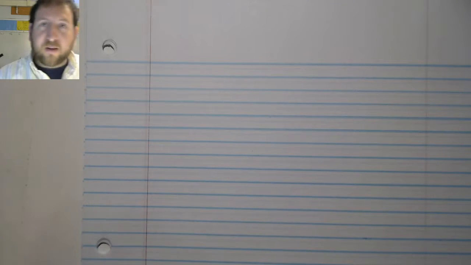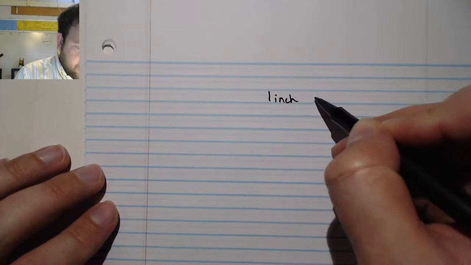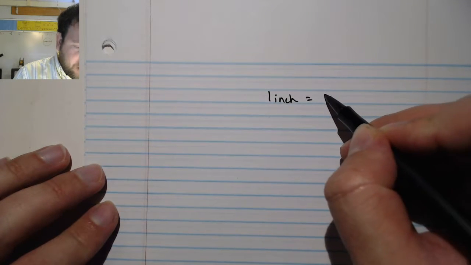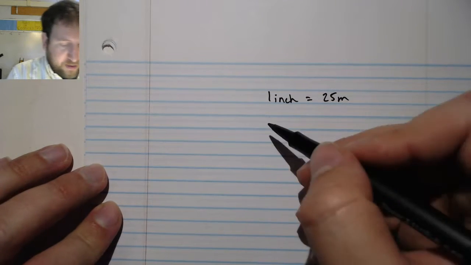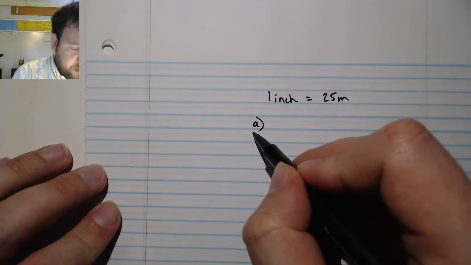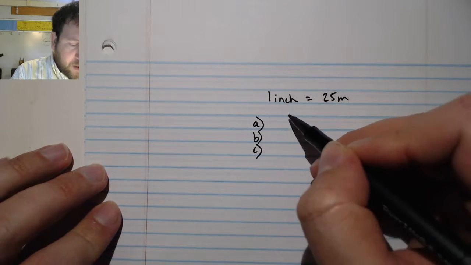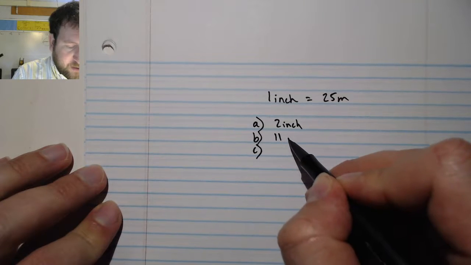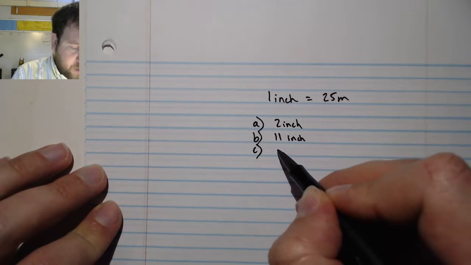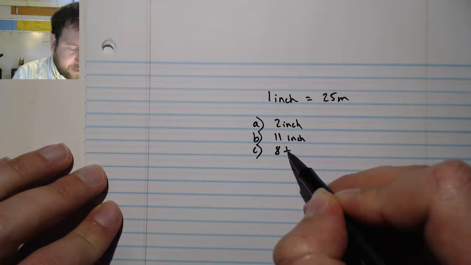All right, if you're sticking around, let's look at one more scale. We're going to say 1 inch is equal to 25 miles. And let's look at these 3 distances that we need to convert. We're going to have 2 inches, we'll have 11 inches, and then we'll have 8.5 inches.